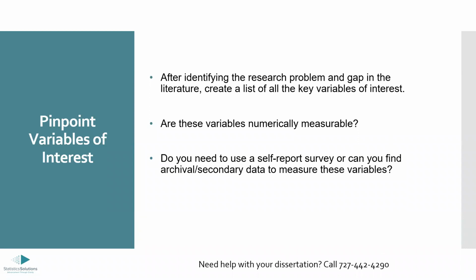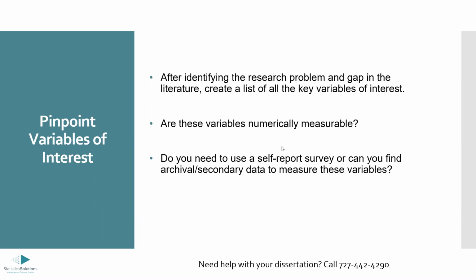So you want to be able to operationalize all your variables. So something like gender, male and female, when you run the numbers, you can assign 1 and 2 to male and female as opposed to just using male and female. You can assign numbers to all your data. Everything needs to be numerically measurable.